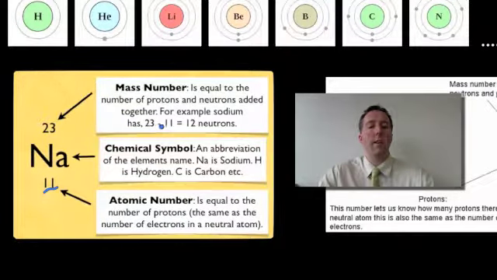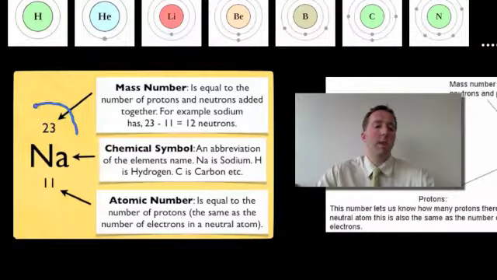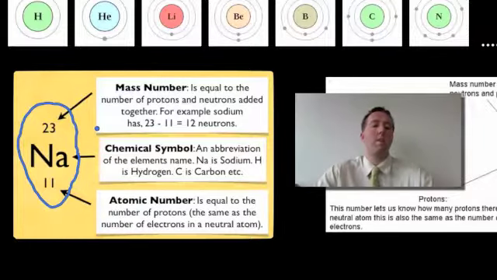So if I take the number of protons away from the number of protons and neutrons, that will tell me that atoms of sodium have got 12 neutrons in them. So these symbols and these numbers, they're found with lots and lots of elements, and they tell us a lot about the atoms of the element.